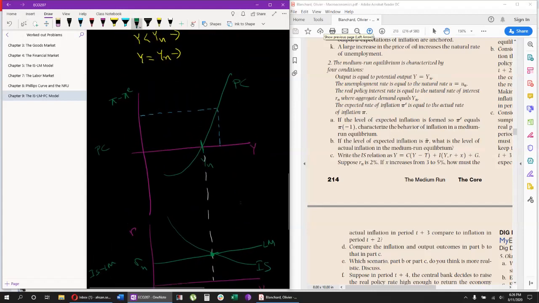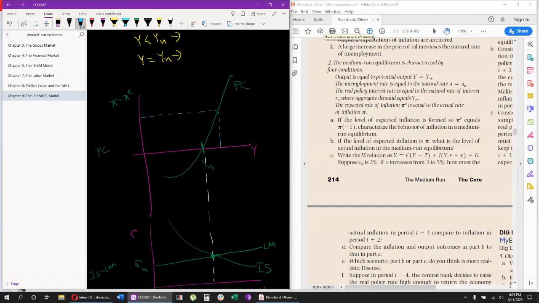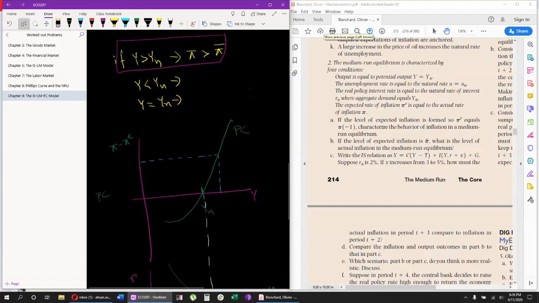Okay. Now, suppose the economy is stuck at this point, at point A, in which case we see that Y is more than Yn.